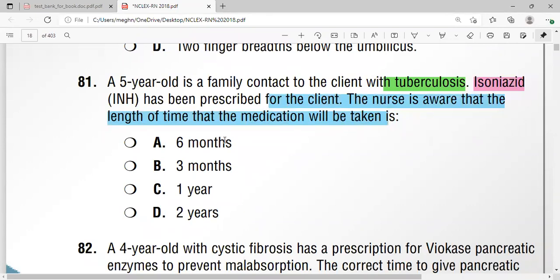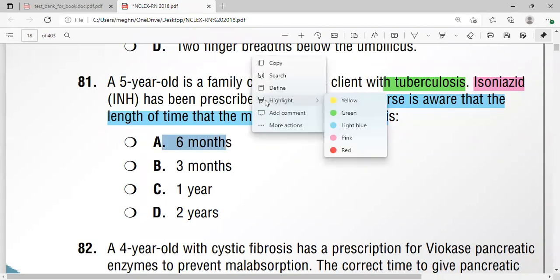A, 6 months, B, 3 months, C, 1 year, and D, 2 years. The correct answer is 6 months, right?